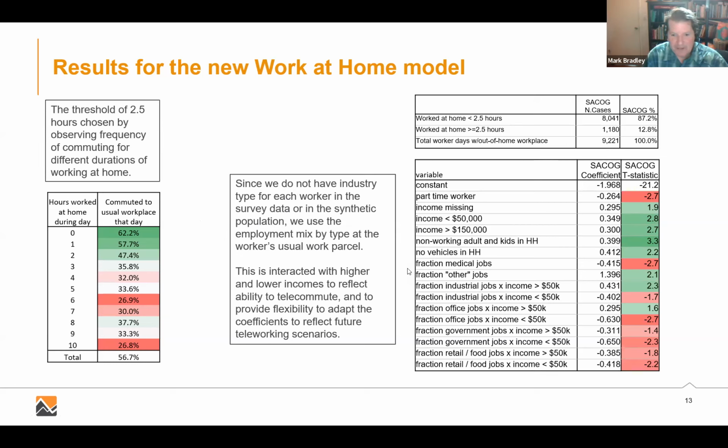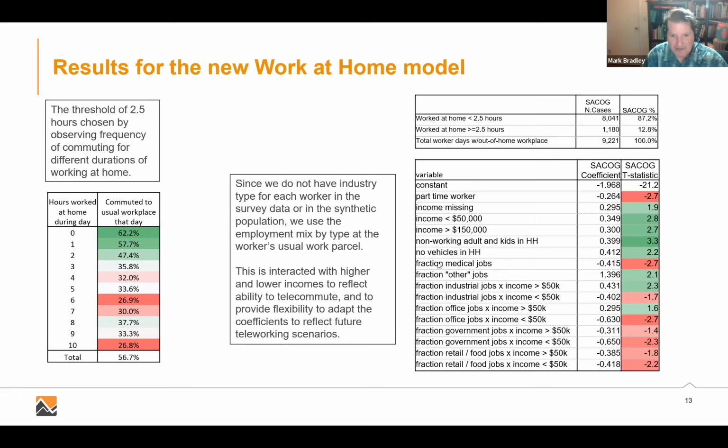So by that, you can sort of impute what type of job they probably have. If they say they work at a parcel and there's only retail jobs at that parcel, then they probably work at a store, that kind of thing. Or if there's only medical jobs, they probably work in the medical industry.